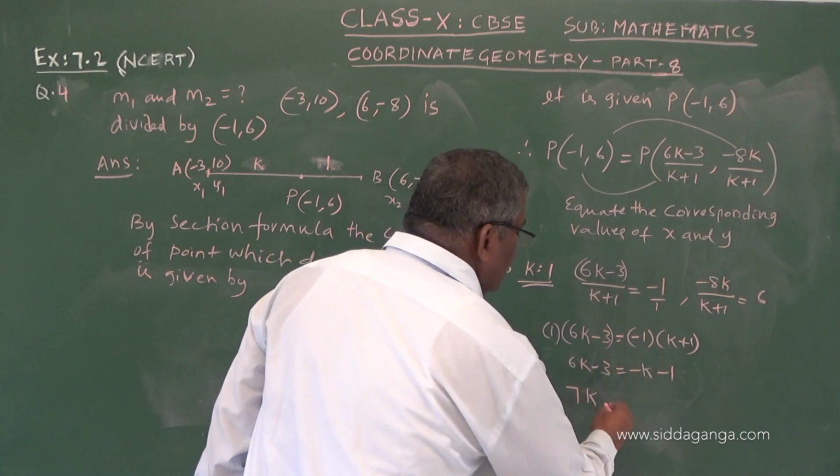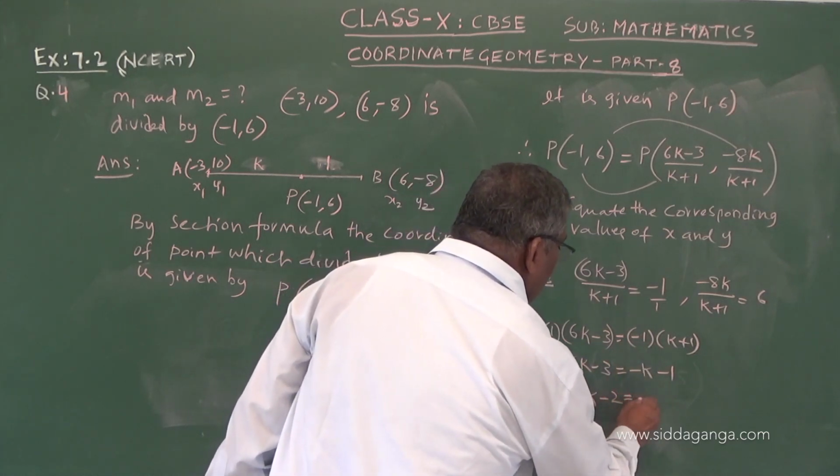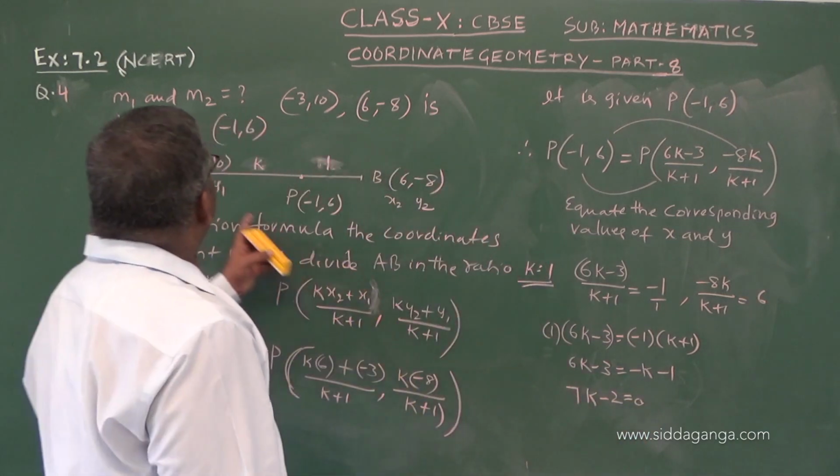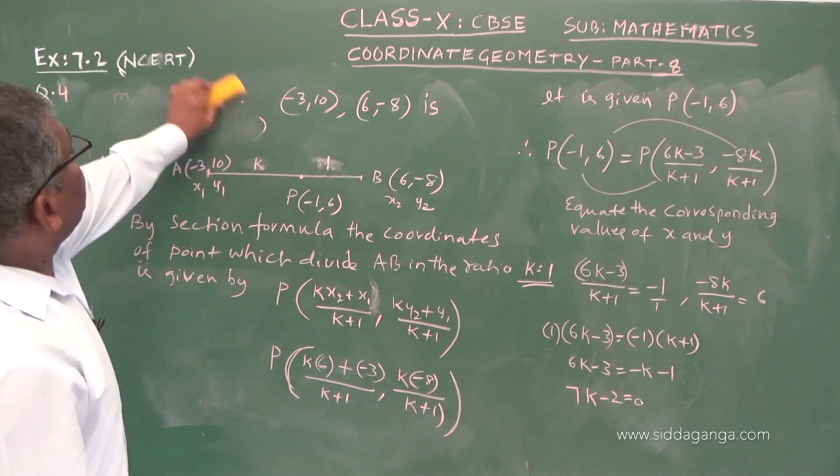If you transfer this, it will become plus 1 minus 2 equals 0.